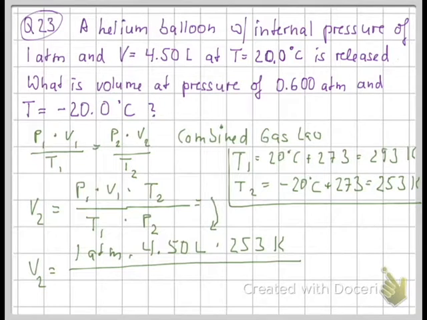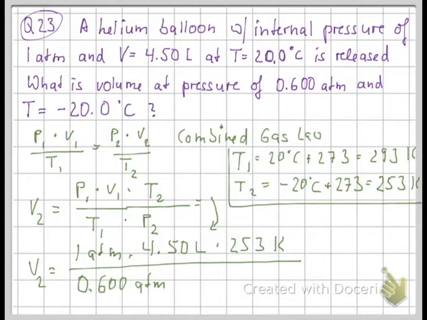Divide that by P2, which was 0.600 atmosphere. Looks like they want us to report this in 3 significant figures, except for the way I copied this down. Gotta check the original question 23. Yeah, 1 atmosphere was also given as 1.00, so that's 3 significant figures as well.